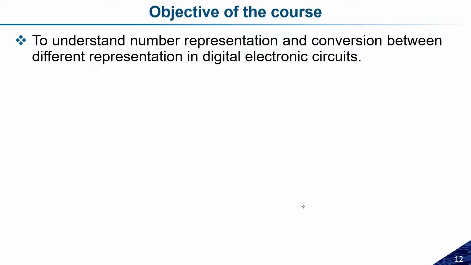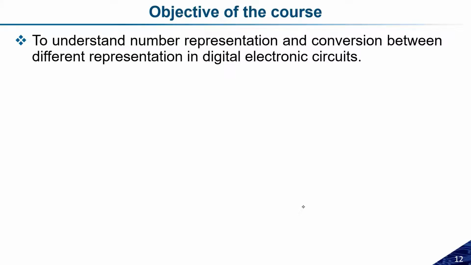So we'll talk about the binary, decimal, octal, and hexadecimal number systems. Other than these common number systems, we'll also talk about some other number systems as well. And we'll discuss the advantages of those number systems, their use, and how we can convert from one number system to another.